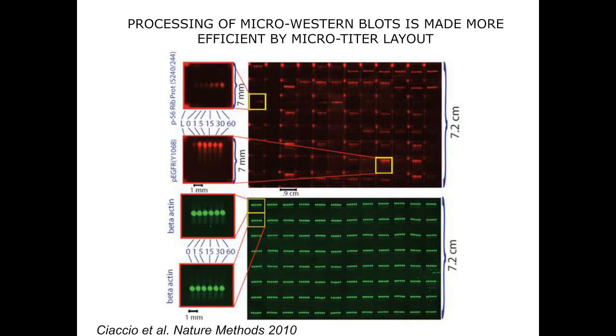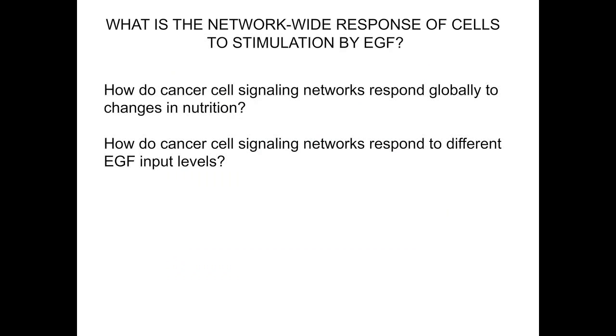And then also we probed all of the wells with beta-actin simply to show that we had equally arrayed proteins on our slides. And we asked in this study what the network-wide response of cells was to stimulation by epidermal growth factor. How do the cancer cells respond globally to changes also in nutrition? If we simply added more glucose or amino acids to cells, cancer cells, how would their signaling networks respond?